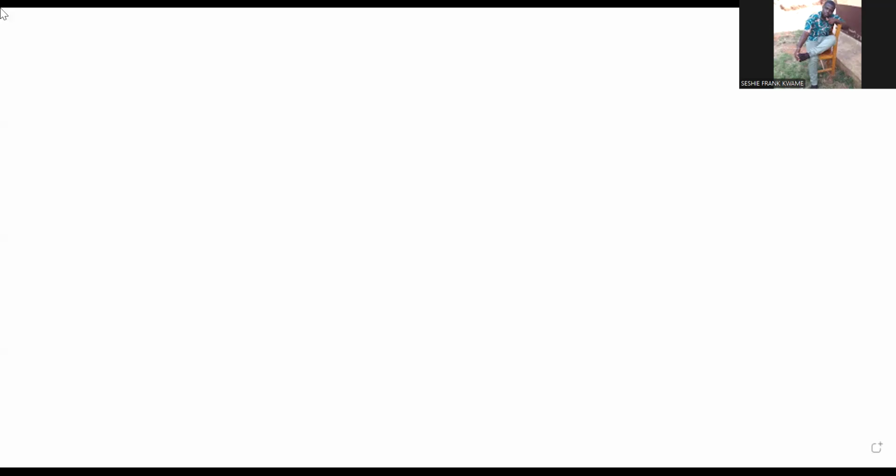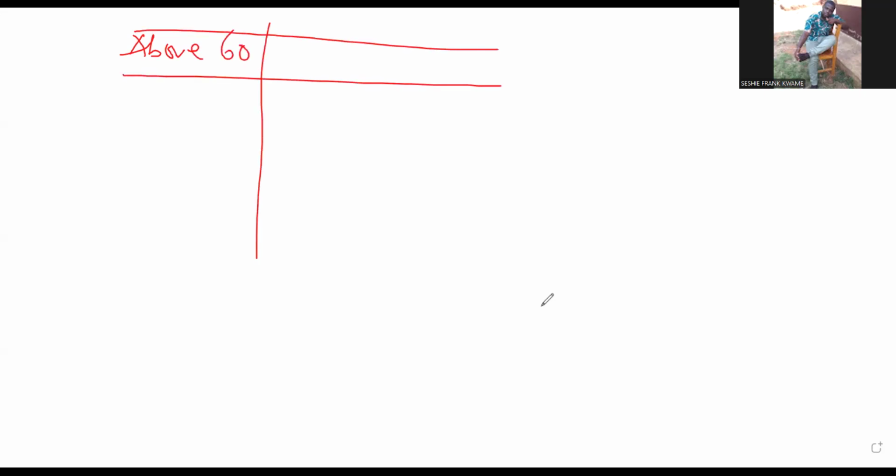So we would have to first gather our data, and that will enable us to solve the problem and review. First, we are looking at the category of people who are above 60 years. In the village, their fraction is 3 out of 16.